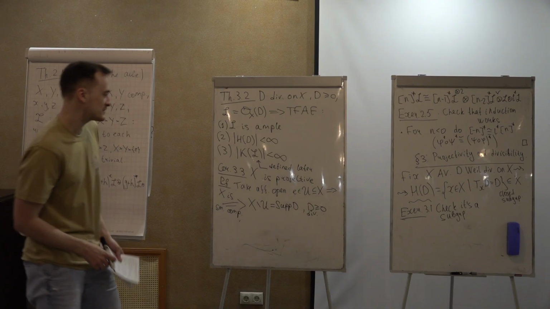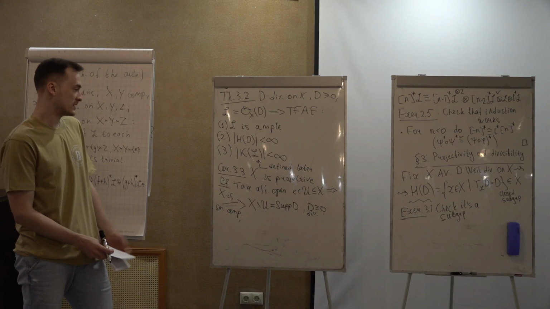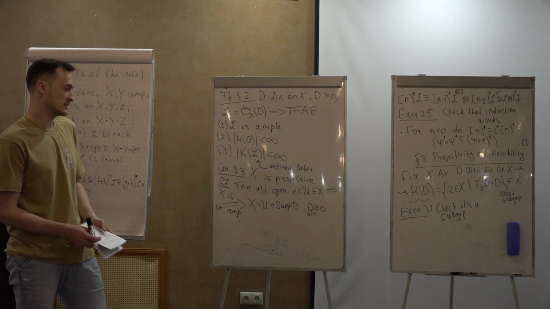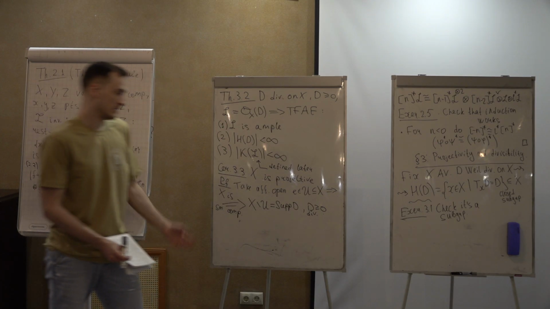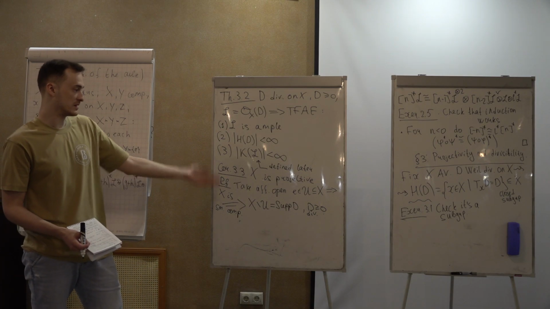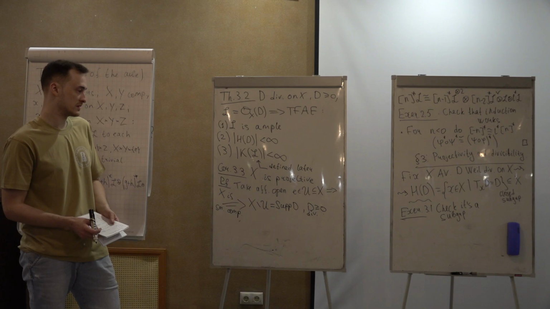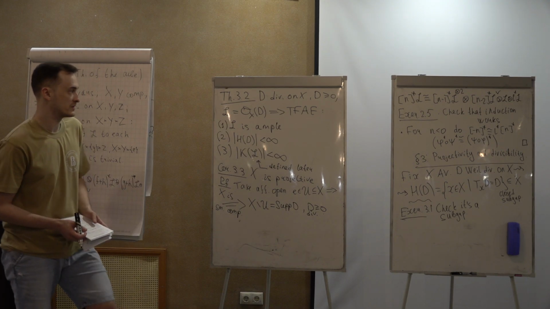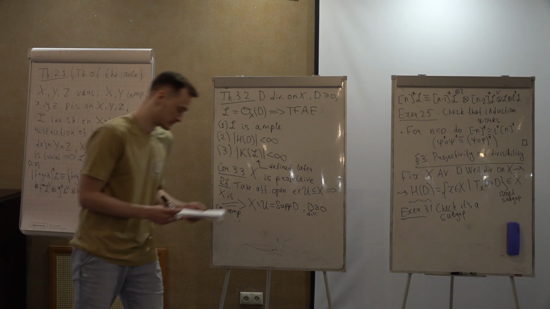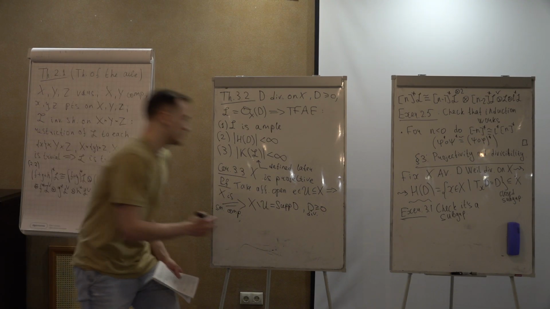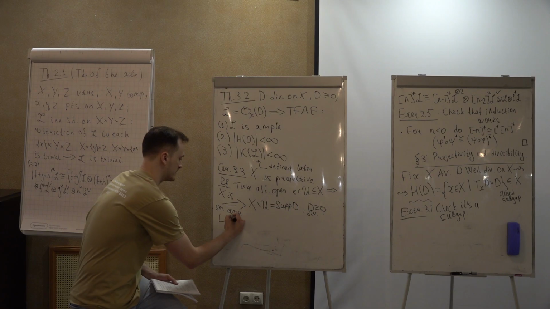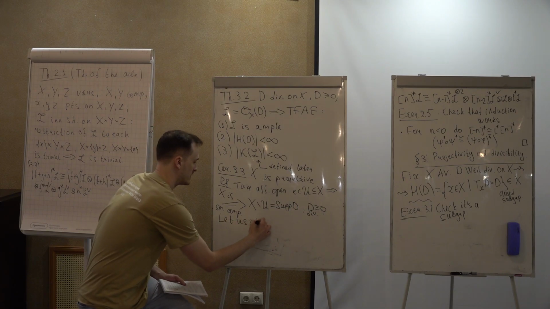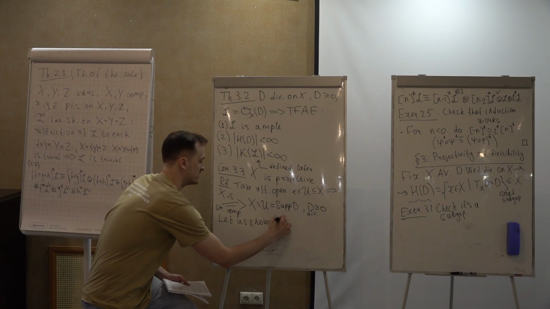And I just claim that this is an ample divisor. So you just basically take any affine open in X, and its complement is going to be the support of an ample divisor. Right, so let us show that this H of D is finite.